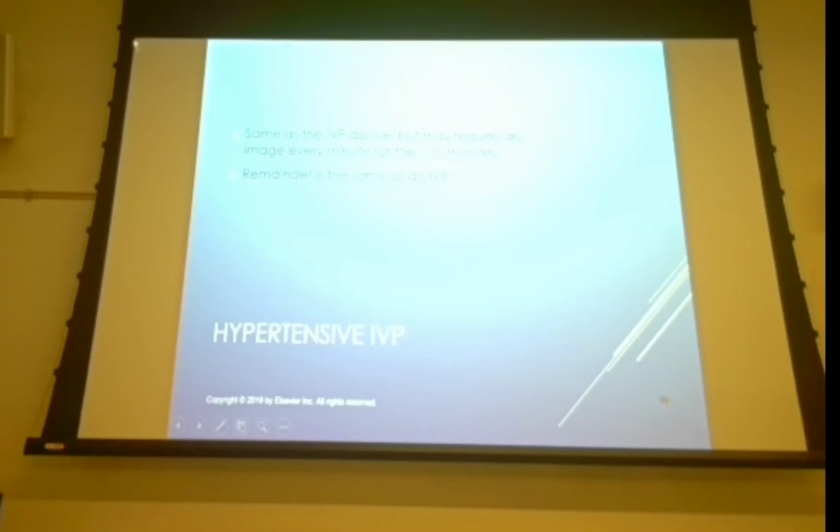All right, so if you're doing a hypertensive IVP, you may do one image every minute for the first 5 minutes. And then the rest of it's just like every other IVP. You get to the 5 minute, and then you would shoot a 10 or 15 with obliques, and a post-void. That's your drip infusion.